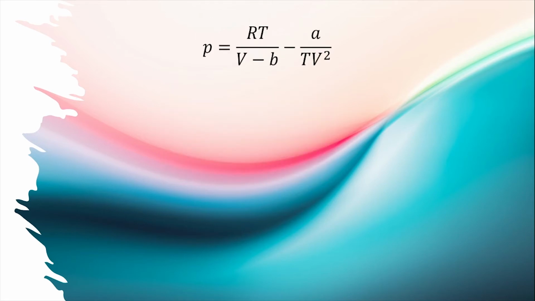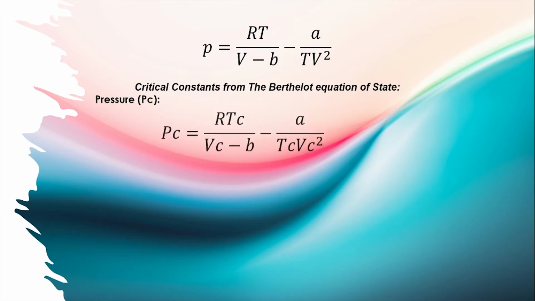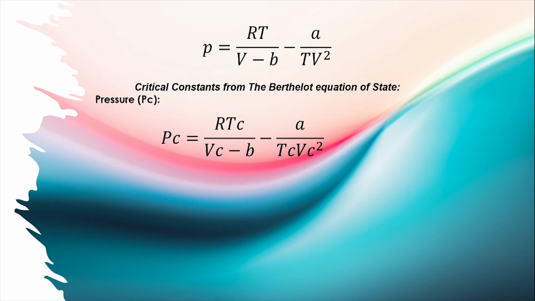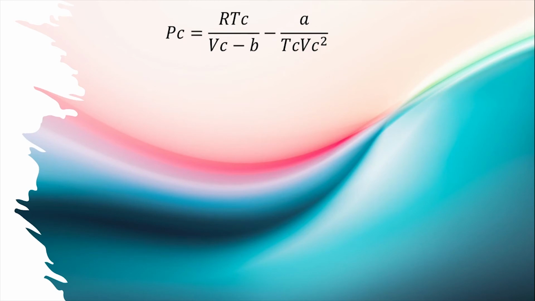By getting the pressure critical constant in the Berthelot set of equations, unlike the temperature and the volume, the pressure equation remains as it is, so you could just substitute the temperature critical constant and the volume critical constant.